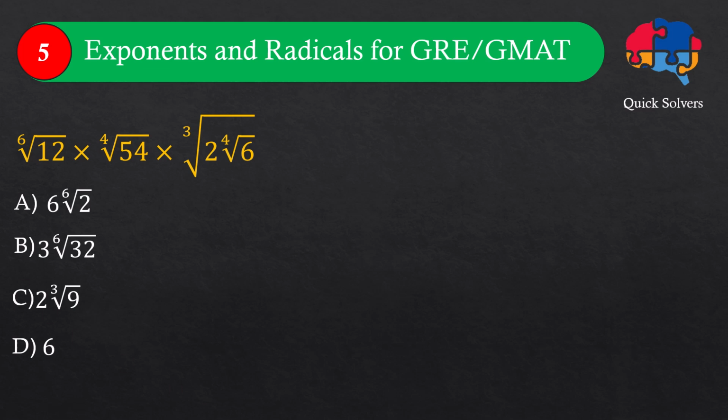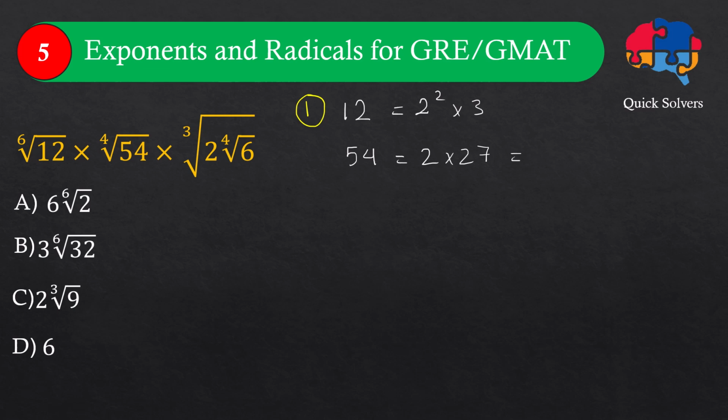Well, we start with 12. By step 1, I can decompose 12, let me write in a different color, as 2 to the power of 2 times 3. We already saw that. I can do the same for 54 because I can write it as 2 times 27, okay? And 27 is actually 3 to the power of 3.